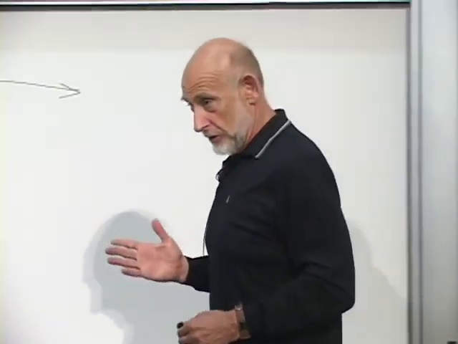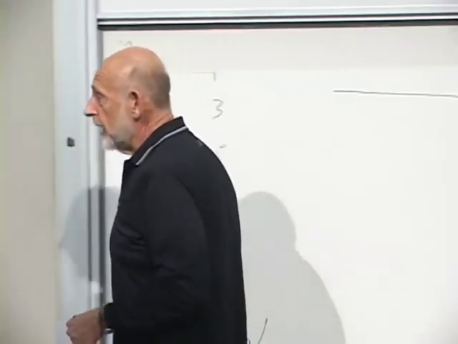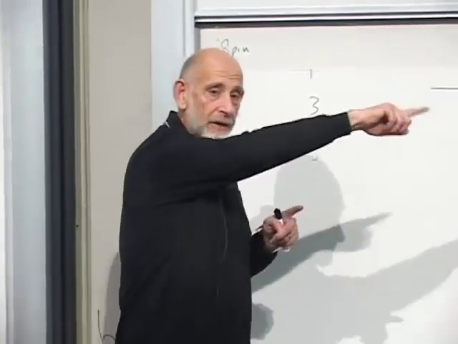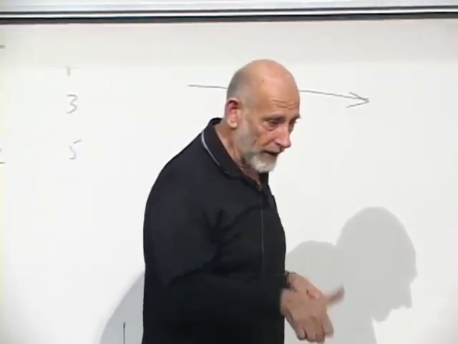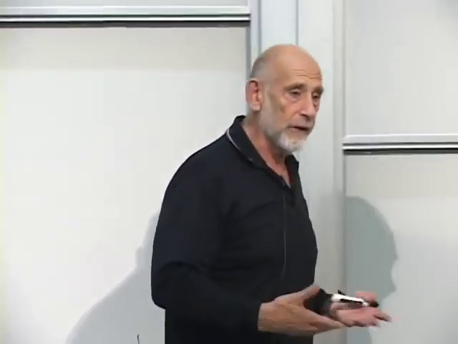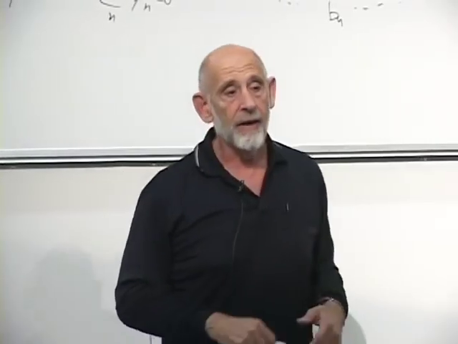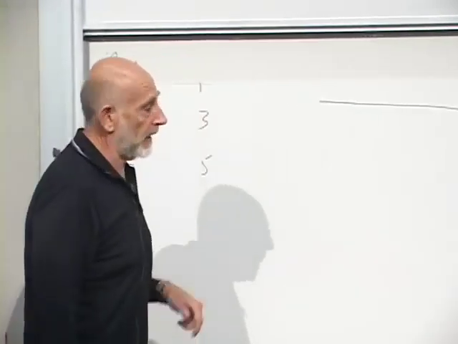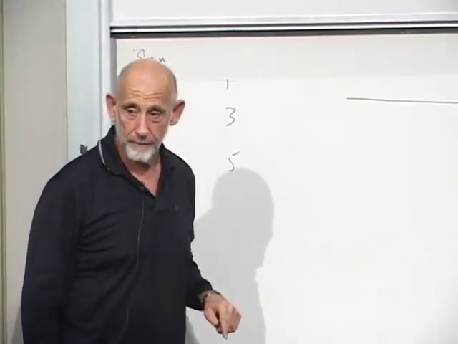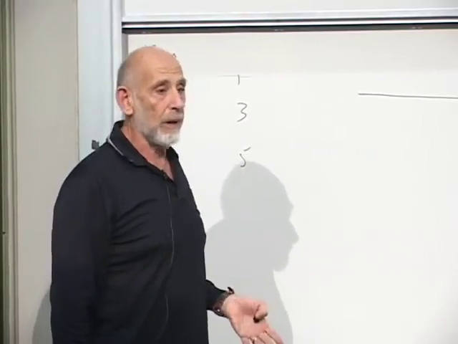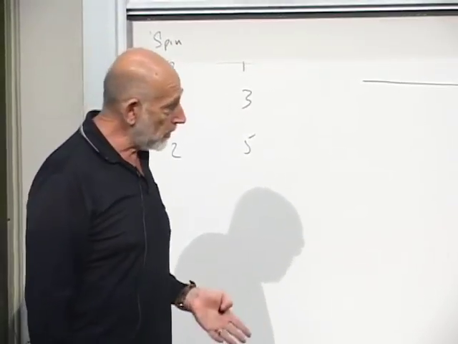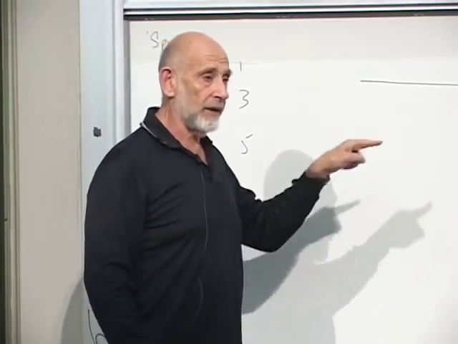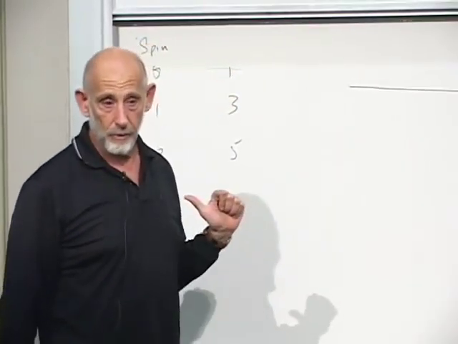Well, simple reflection symmetry tells you if you have one, you better have the other. If you have a right hand and you're in a world with reflection symmetry, you will have a left hand. If there's a right-handed particle that can spin that way, there'll be a left-handed one that can spin the other way. So, if you have a particle moving down the axis with the maximum component of spin, there must be another possibility. The particle must also be capable of having the opposite, namely the minimum component of spin.